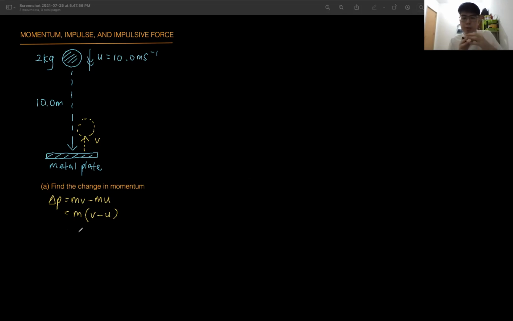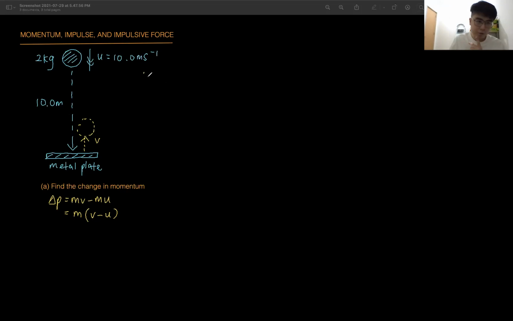The u is the u just before it hits, just before it bounces. So it is not the u up here. Be careful not to choose the wrong u. The u up here is at 10 meters from the plate. So you have to calculate the velocity just before it hits the metal plate, which means you have to do the SUVAT calculation.